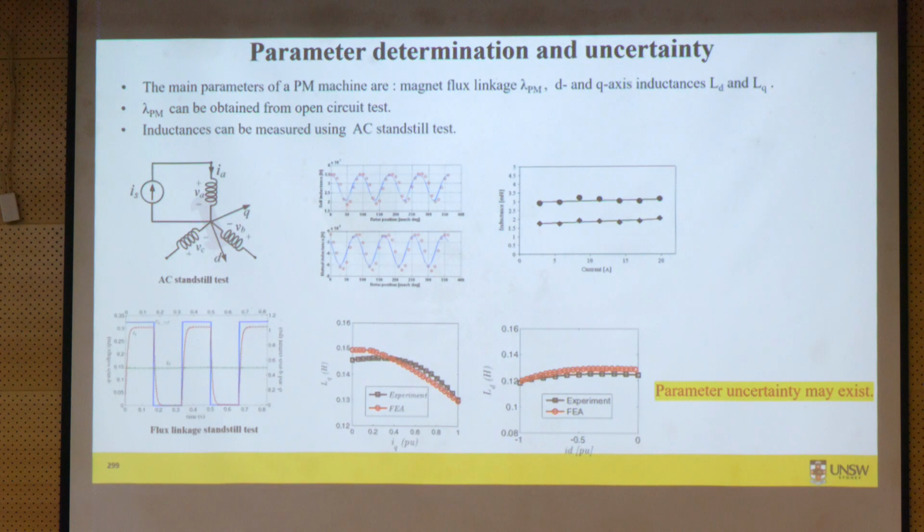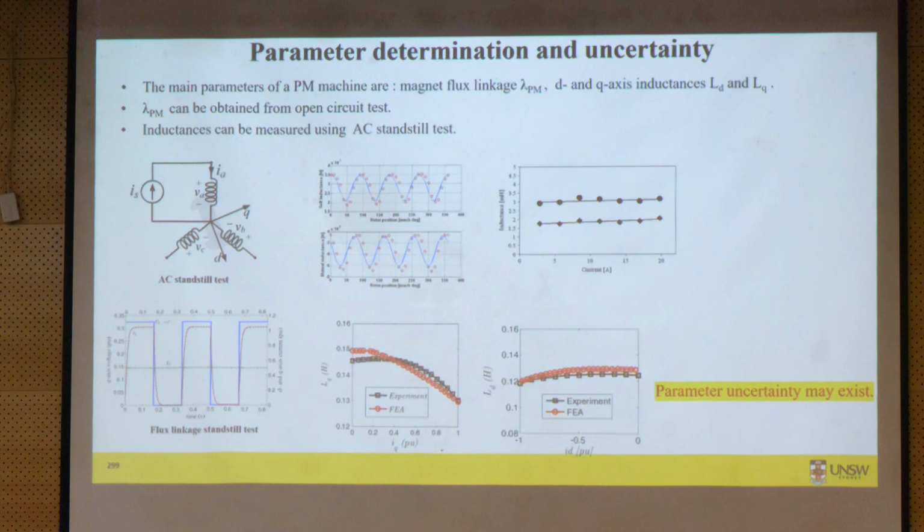If you use offline estimation, you try to find how LD and LQ, let's say, vary with current. Okay, so LQ usually reduces as the saturation increases. So LQ is not actually a constant.